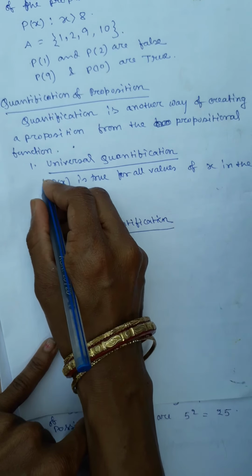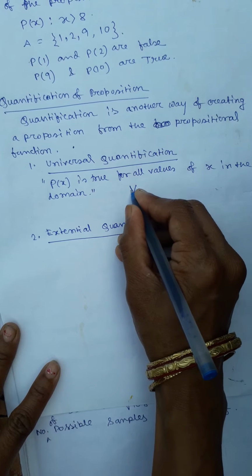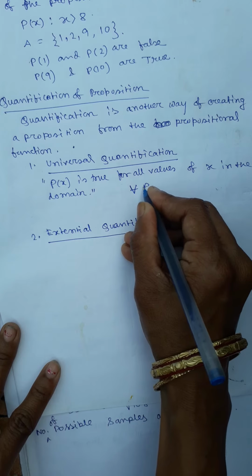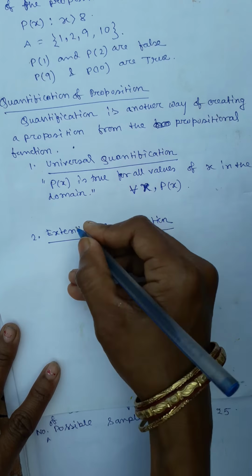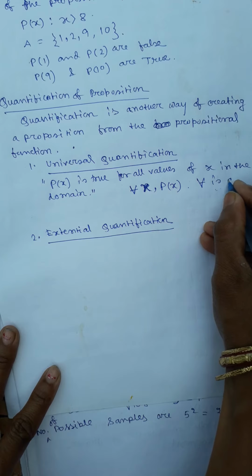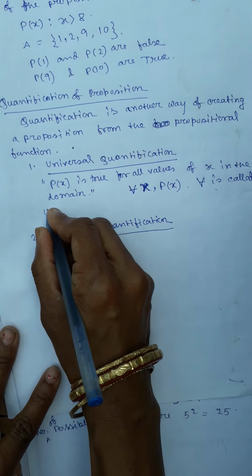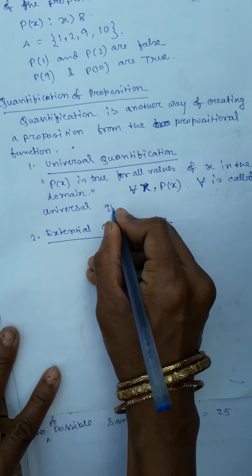This quantification is denoted by for all x P(x). This symbol for all is called the universal quantifier.